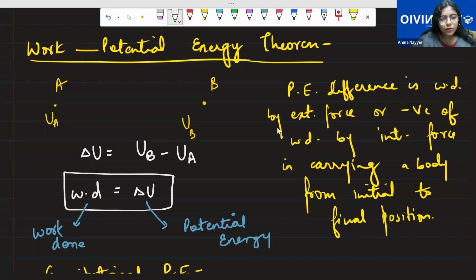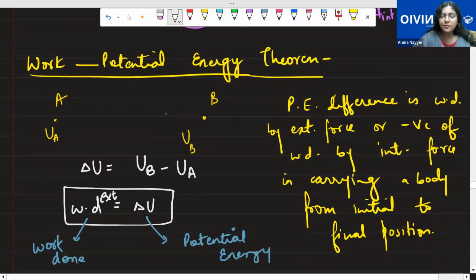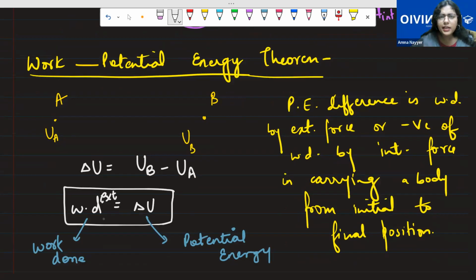Basically, this work done is the external work done. Whatever is the work done by the external force, and if it's internal, you take the negative of internal. Basically, this is their relationship in carrying a body from initial to final position.